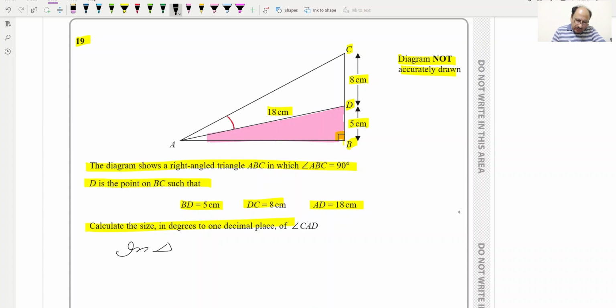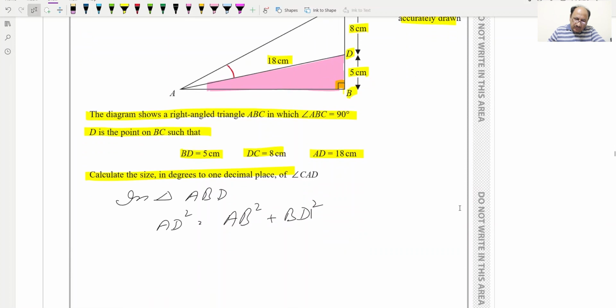In triangle ABD, AD squared is equal to AB squared plus BD squared, and AD is 18, so 18 squared is equal to AB squared plus 5 squared.